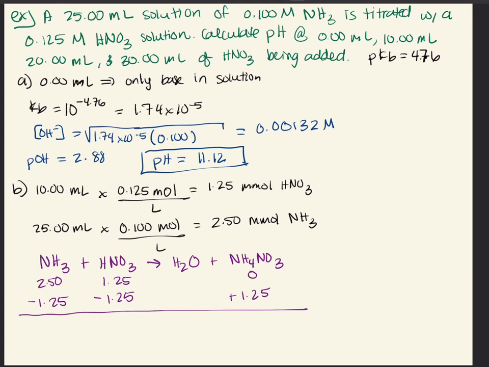So you'll notice that we have equal parts acid and base. So if you look at our equation that we wrote previously, I know that the concentration of hydroxide is equal to Kb times the concentration of my base divided by the concentration of my conjugate acid.